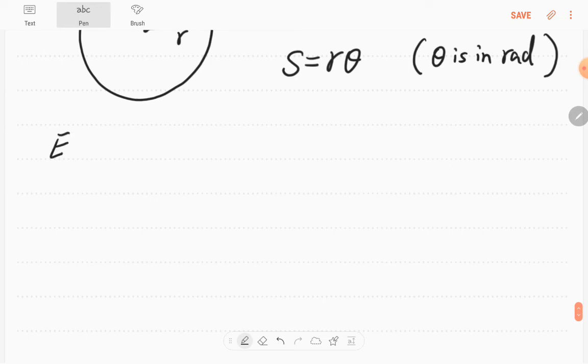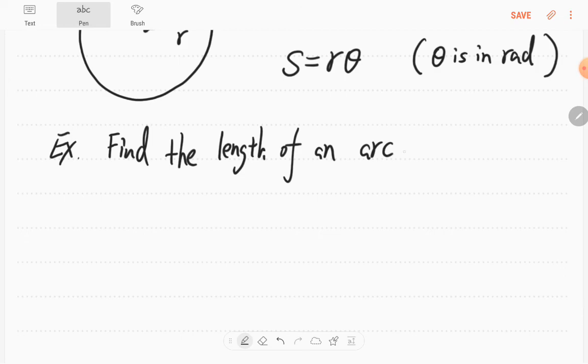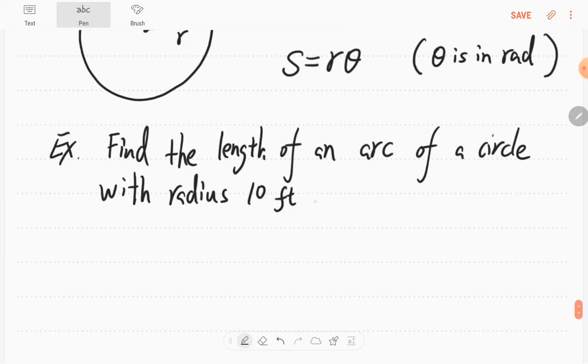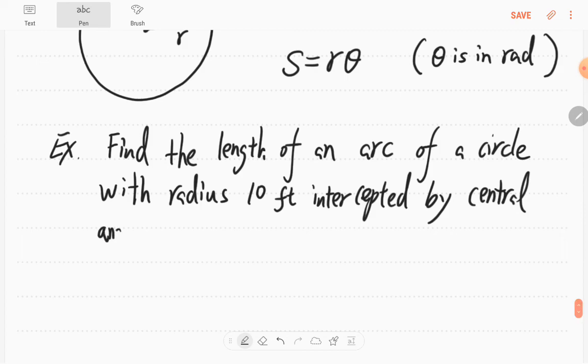So now let's look at one example. We want to find the length of an arc of a circle with radius 10 feet, intercepted by central angle 330°.